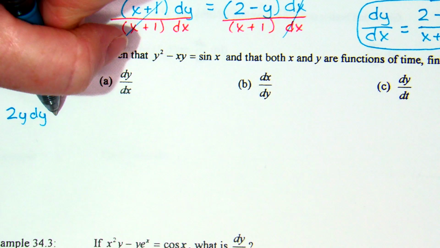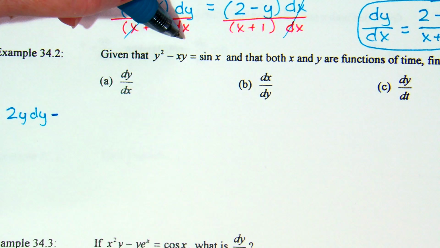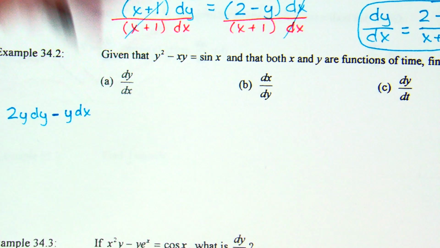So derivative of y squared, 2y dy. Minus derivative of xy. How do we take the derivative of xy? The product rule. So the derivative of x was 1. The y is still there, and we have to tack on a dx. So it's a y dx term. If you want, you can say 1 y dx. I'm going to drop that 1 off at some point.